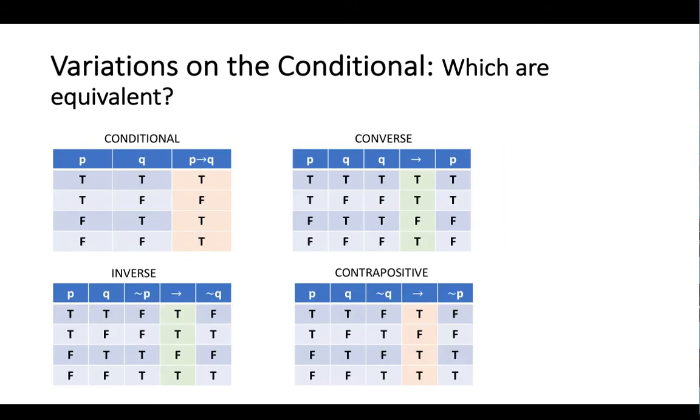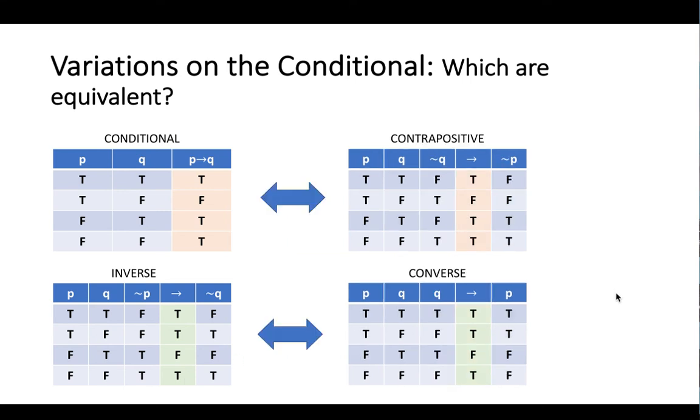So let's look at all of these truth tables. Here's the truth table for the conditional. The truth tables for the converse, the inverse, and the contrapositive are all here. So look at the answer columns. The conditional is the same as the contrapositive: true, false, true, true. The converse is the same as the inverse: true, true, false, true.